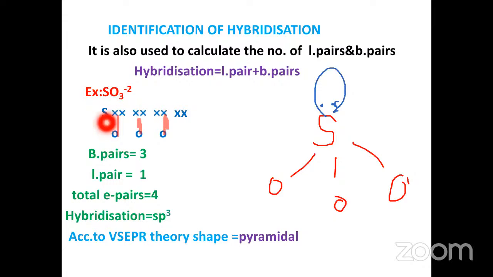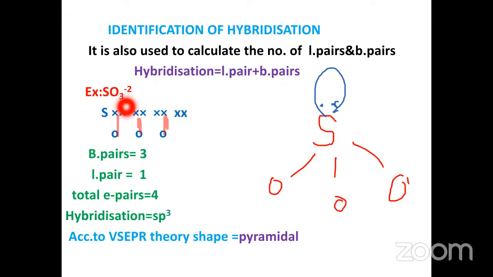One oxygen is bonded with 2 electrons, this oxygen also bonded with 2 electrons, and here also the oxygen is bonded with 2 electrons of the sulfur atom, because it has 3 oxygen atoms. These 3 are bond pairs, and the remaining electron pair is a lone pair.